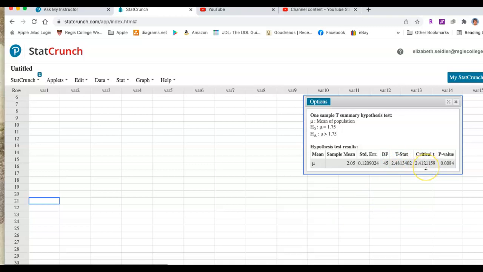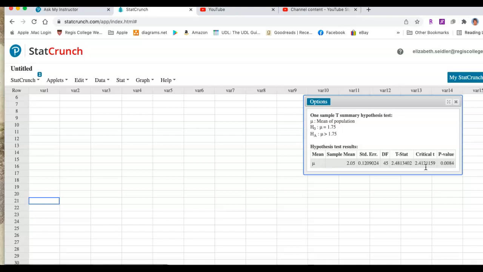My critical t value is 2.412. So because my t statistic is to the right of my critical t, I can reject the null and say that the evidence supports a conclusion that the average age is greater than 1.75 years.